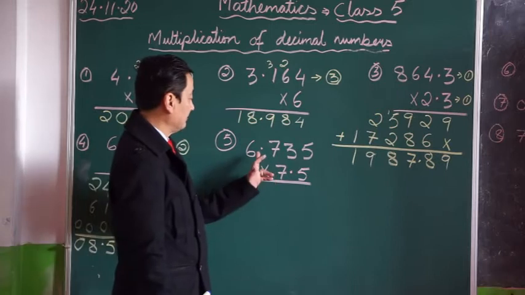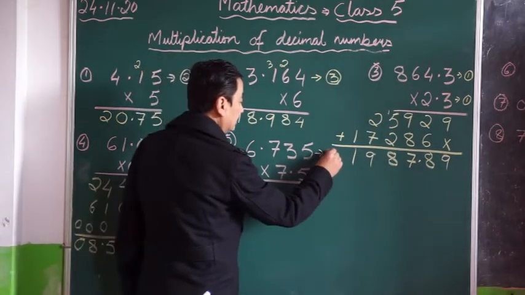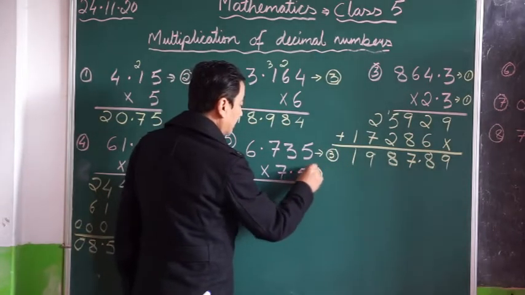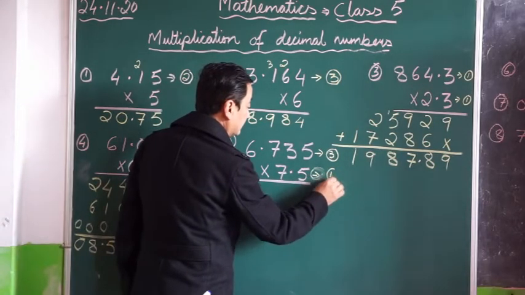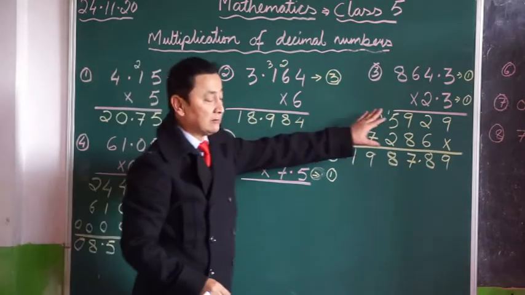Next, how many places of decimal? 1 2 3. So let's write 3 here. That is the first step. How many places of decimal? 1. Now forget about it. Forget about putting the decimal point.